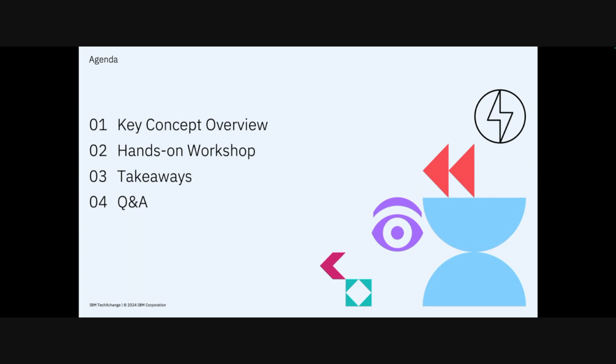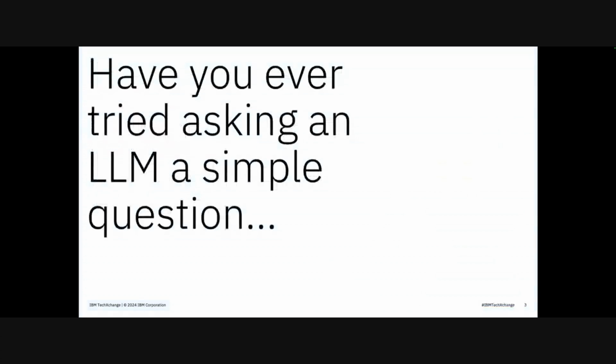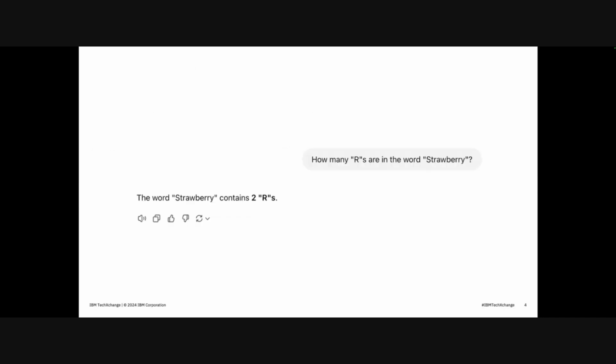So to start, have you ever tried asking an LLM a simple question, or even talked to someone else who's talked with ChatGPT and asked a simple question, something like this: how many R's are in the word strawberry? This is kind of the famous example.